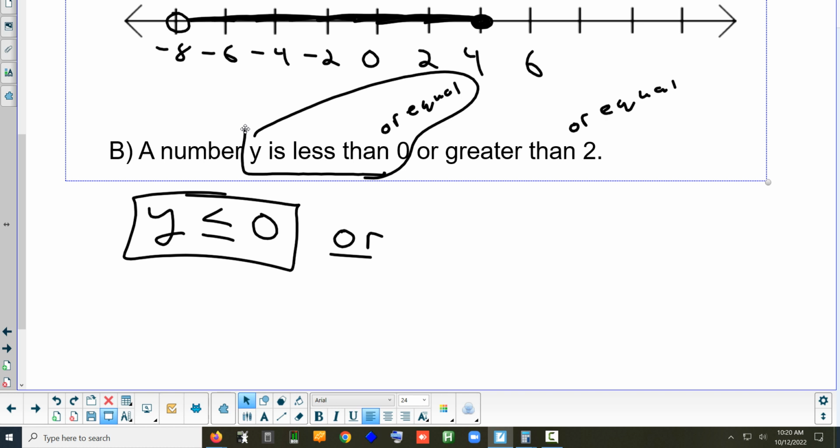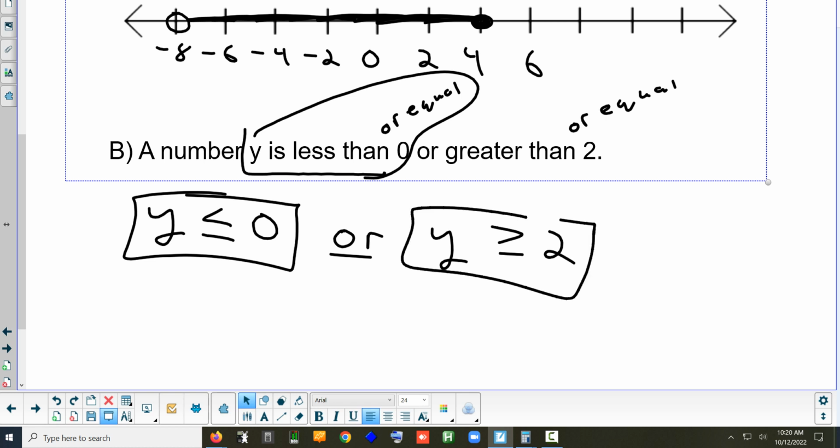Well, when they write greater than or equal to 2, what are they talking about? What's greater than or equal to 2? Yeah? Y. Okay, they're not going to repeat the subject again. It's still Y. So y greater than or equal to 2. Okay, so there's your inequality. Could you shorten that if I asked you to?